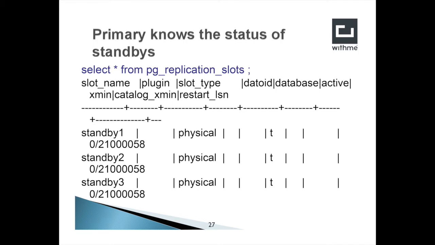Once it's created, if you do select star from pg_replication_slots, there is a new view. It will tell you what replication slots are there: the slot name, whether it is physical or logical, and in the last column, restart_lsn, it will tell you what was the last fsync that happened for the WAL files on the standby.